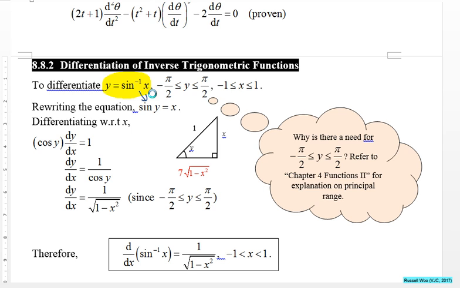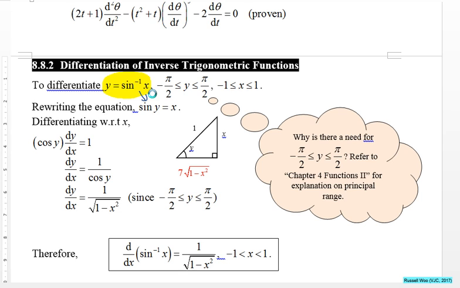Now, if sine y is x, can I draw a right angled triangle? y is the angle, x is the opposite, 1 is the hypotenuse. All agree? If sine y is x, sine y is x over 1.